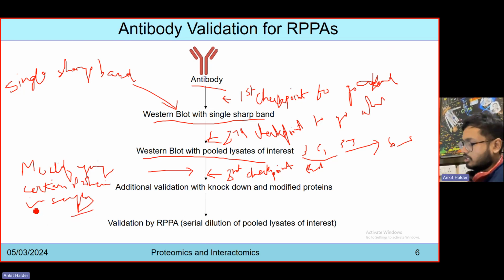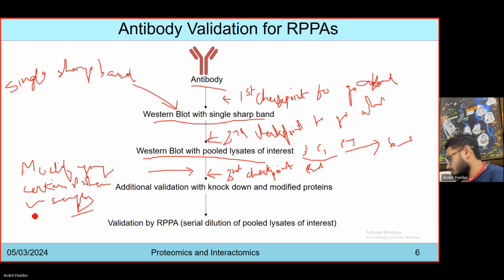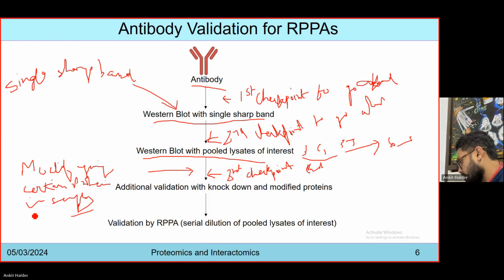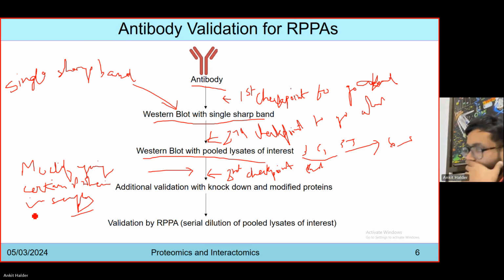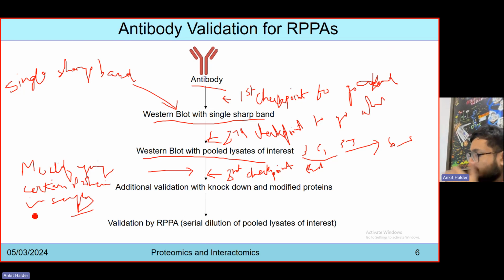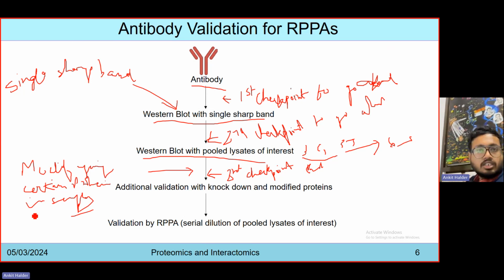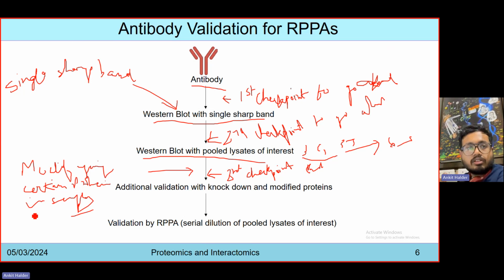So when we are modifying certain proteins, for example, doing certain phosphorylation, then what is happening, and how are you getting the modified proteins, and is your antibody still able to capture that or not, to get that information.